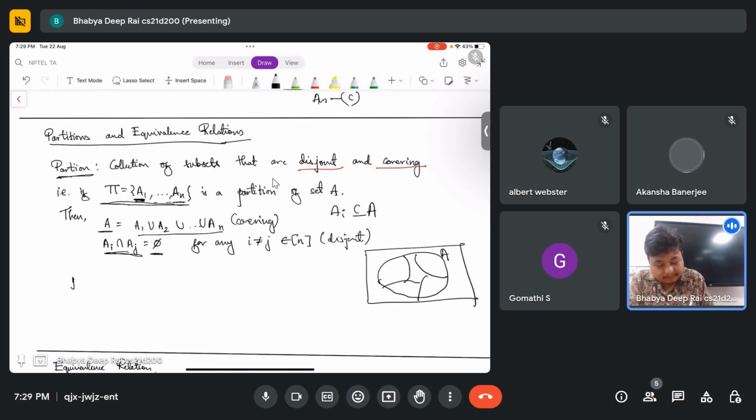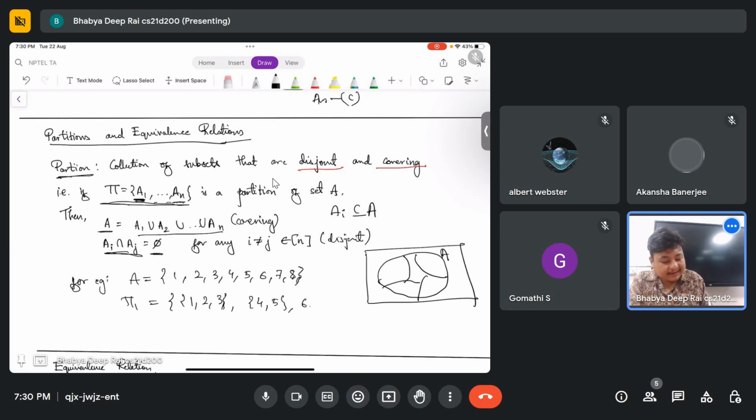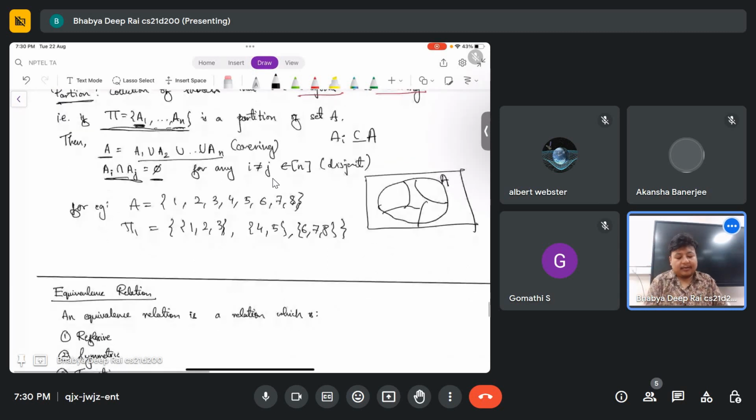For example, A is 1, 2, 3, 4, 5, 6, 7, 8. Pi 1 is {1, 2, 3}, {4, 5}, {6, 7, 8}. So the question is, is this a partition?